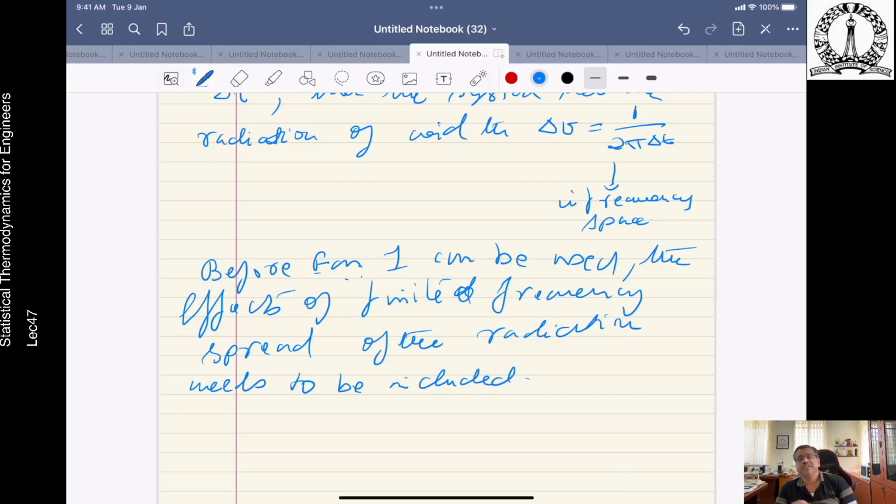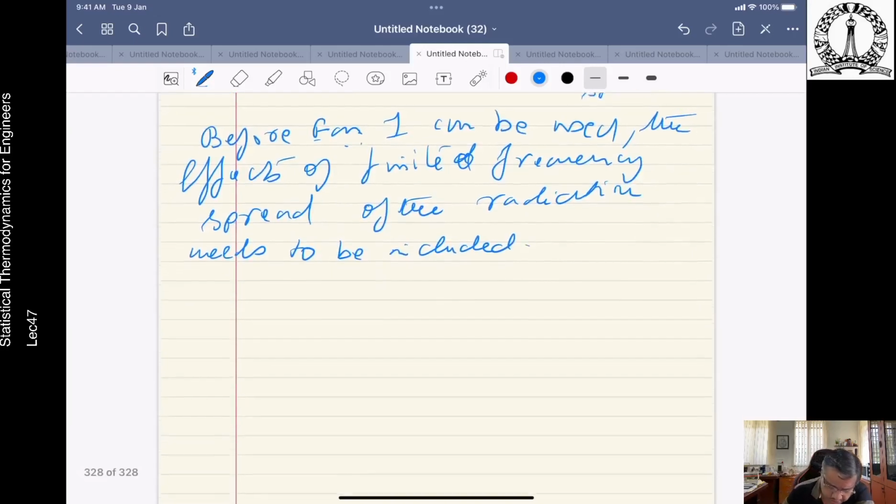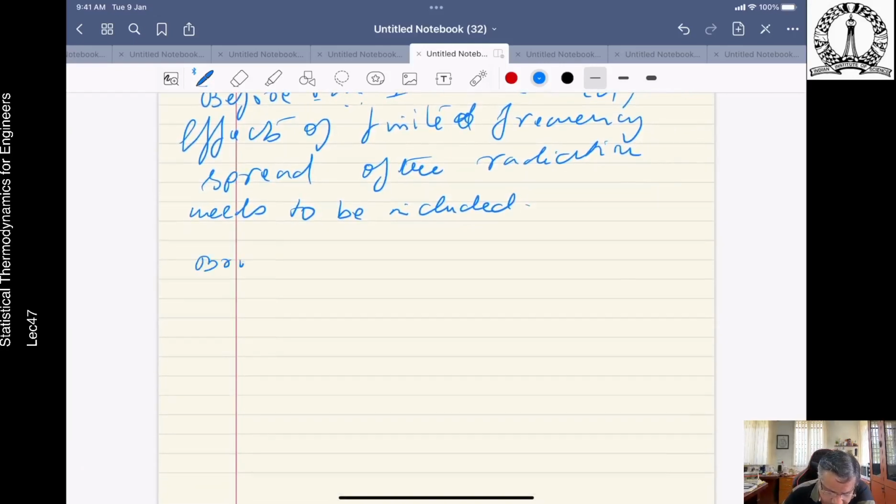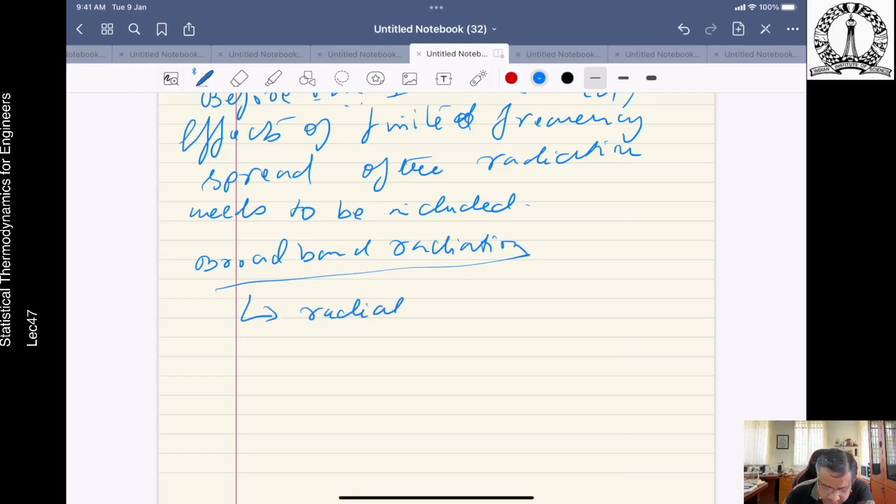So if we consider the radiation applied to the system to be broadband rather than monochromatic, let's assume that we have a broadband radiation, and this broadband radiation has a radiation density rho, which is epsilon naught E square by 2.